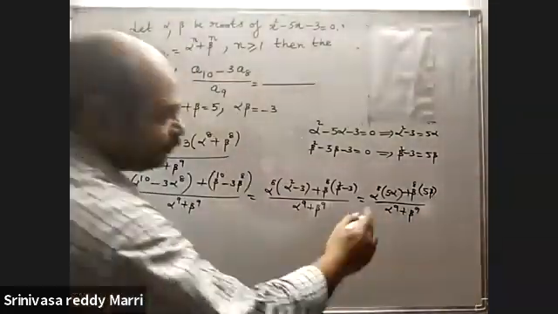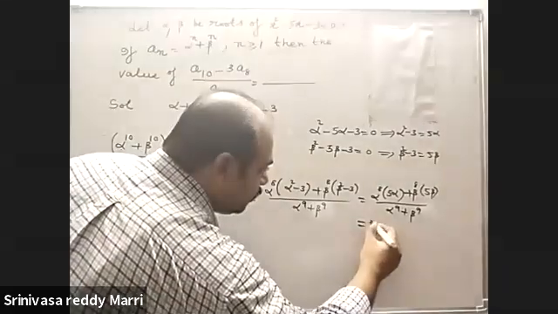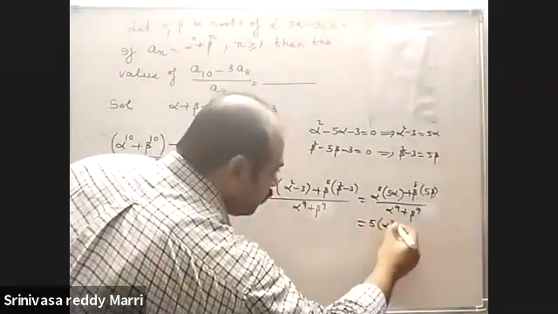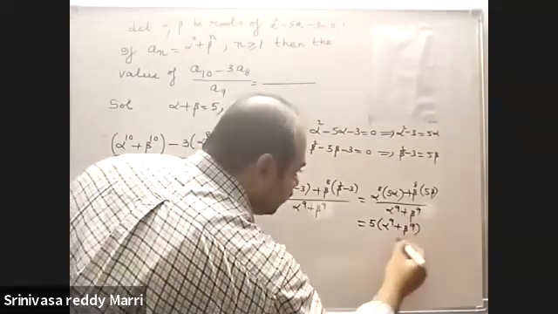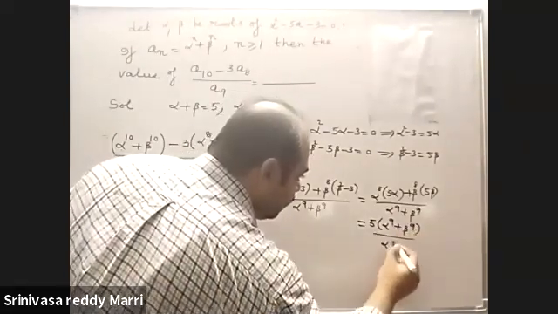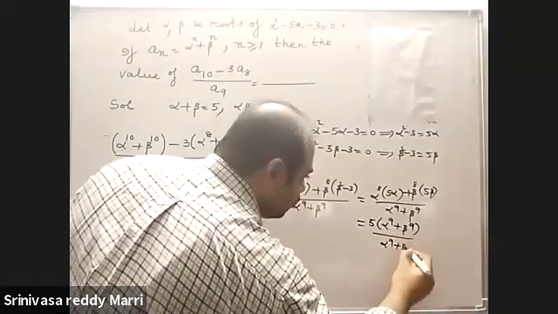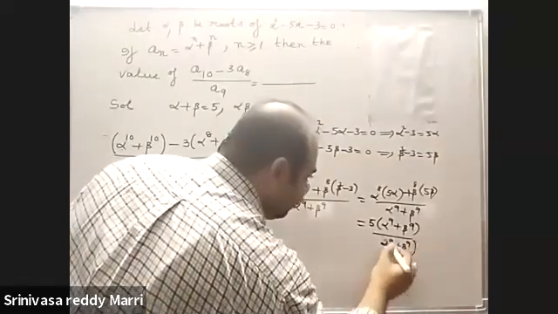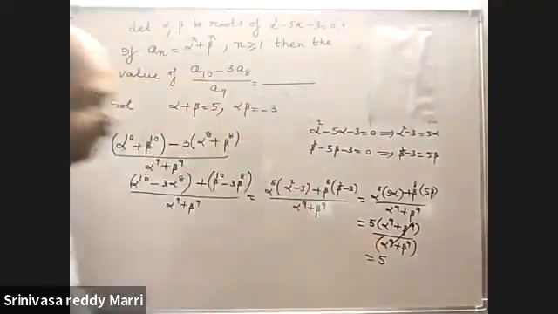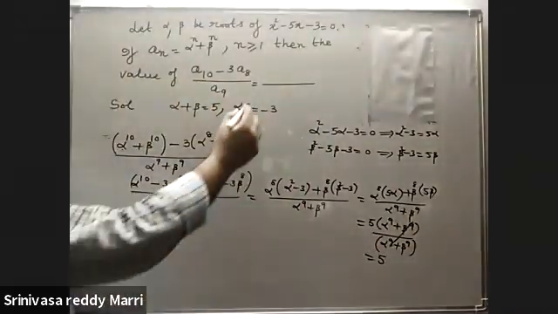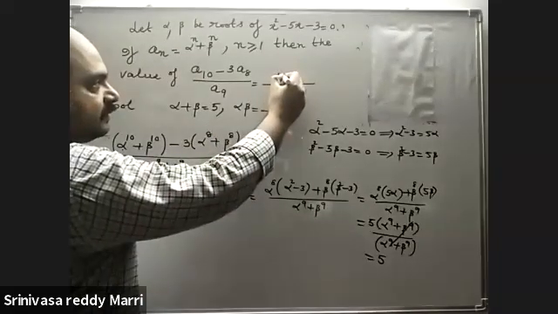So if you take 5 common, alpha to the power 9 plus beta to the power 9 divided by alpha to the power 9 plus beta to the power 9. So this value is what? 5. Like that, integer answer is given in IIT.